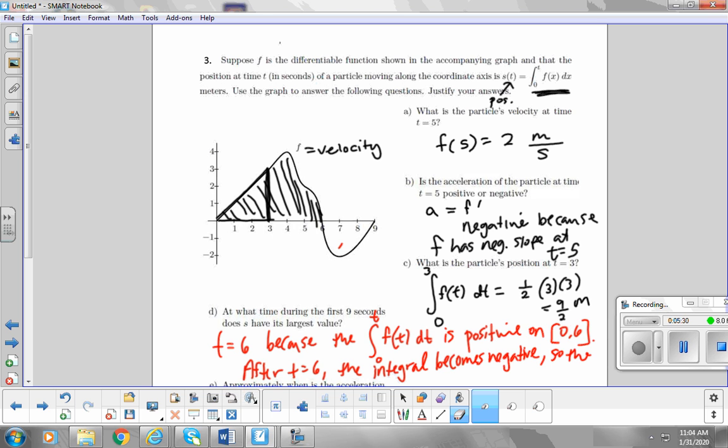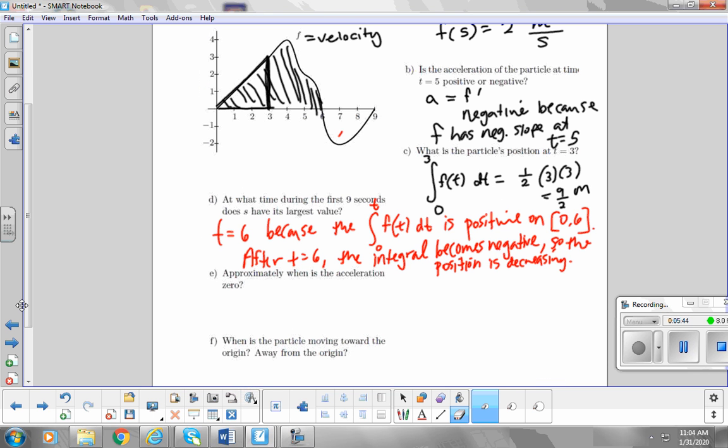So the position is decreasing. Because the area under the curve, or the integral, is telling you how the position is changing. So if it's positive, you're increasing the position. If it's negative, you're decreasing the position.